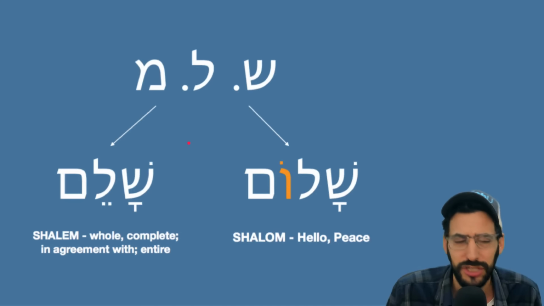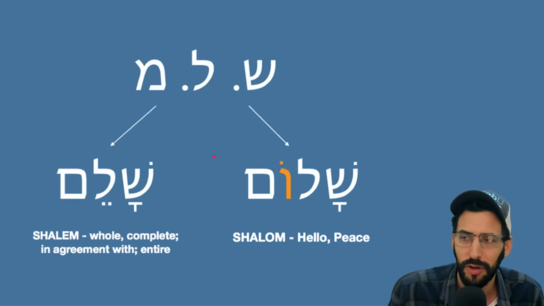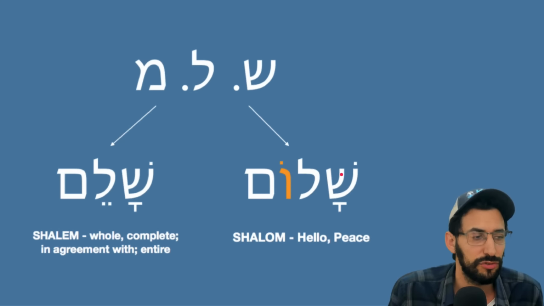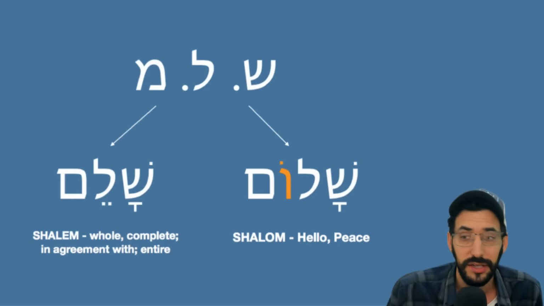So don't worry if you don't know shin, lamed, mem. What I'm explaining here is the structure of the language, not yet the letters and how to pronounce them and what they sound like. I'm simply explaining that every word has a root built of three letters. So shalom, which is peace, has a root shalem. Now, shalem means whole or complete, or in agreement with, or entire. It also is one of the names of the Creator, Shalom.